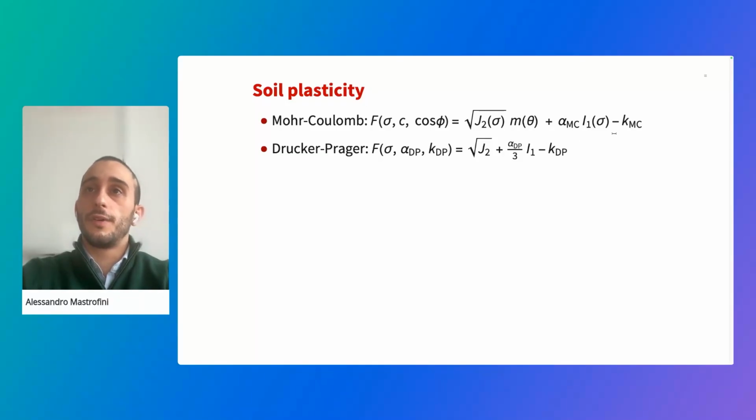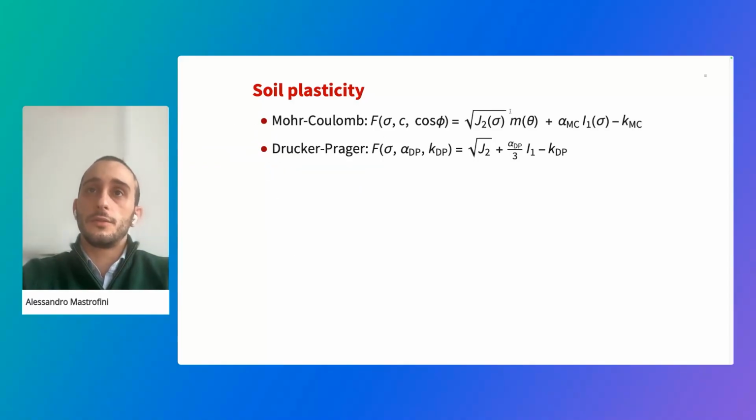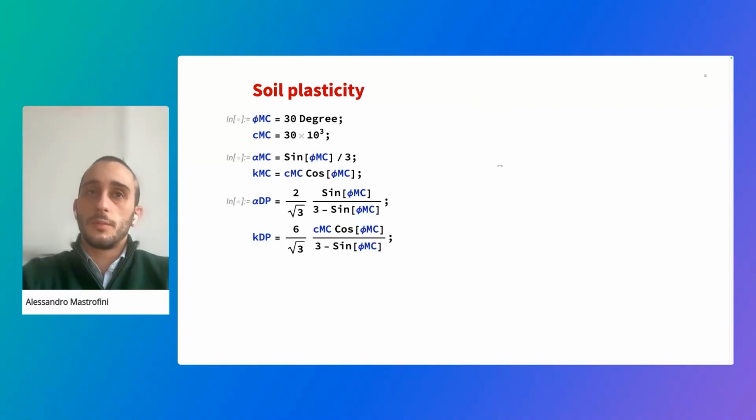So these are all functions of the stress tensor plus some scalar coefficients, which are the elastoplastic coefficients or material properties that you need to know about your material. So let's in fact define some criterion. In particular, we are going to compare these two different criteria. It can be shown that under certain assumptions, they may be converted one into another by accounting for the right conversion of the coefficients.